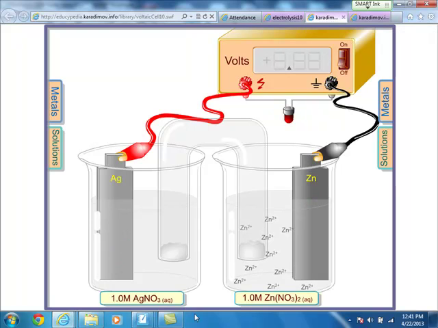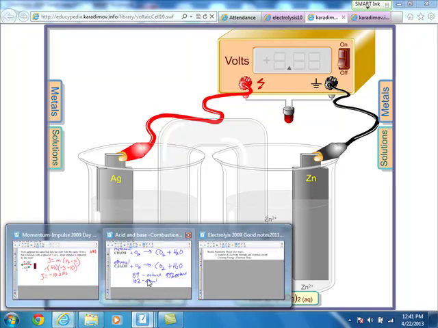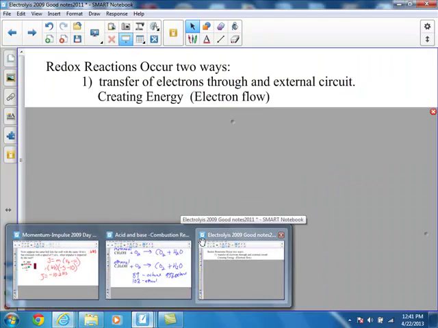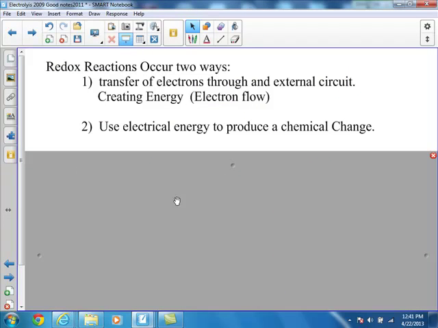So now what we're going to do is talk about using electrical energy to produce a chemical change. Last week we created batteries, so we got energy out. Now we're going to put energy in.